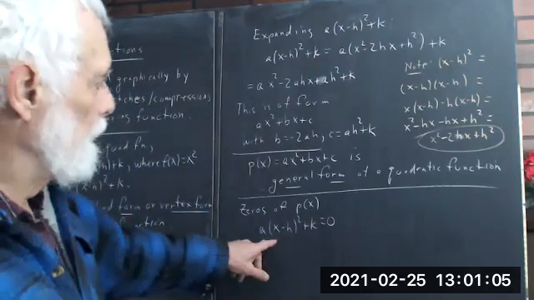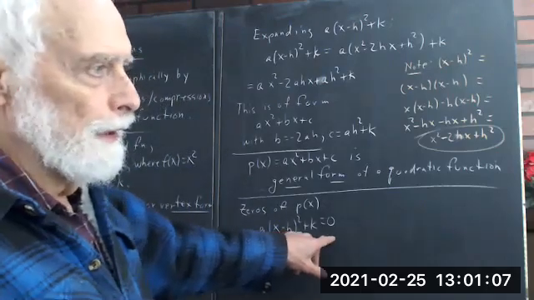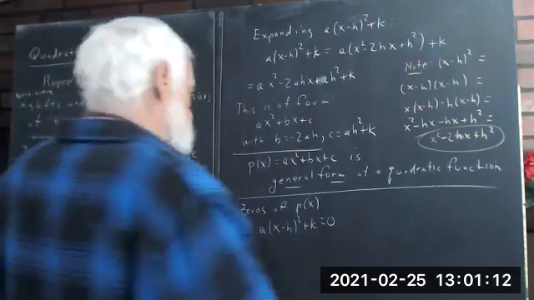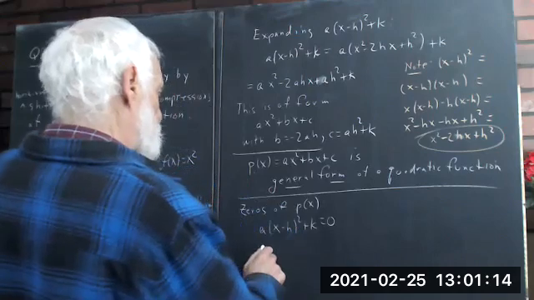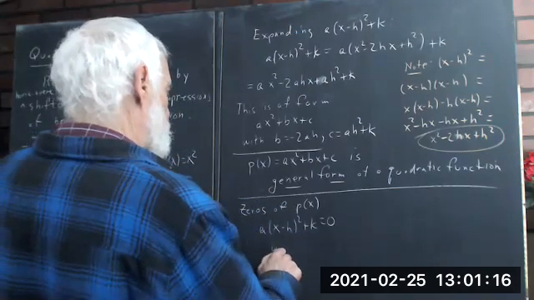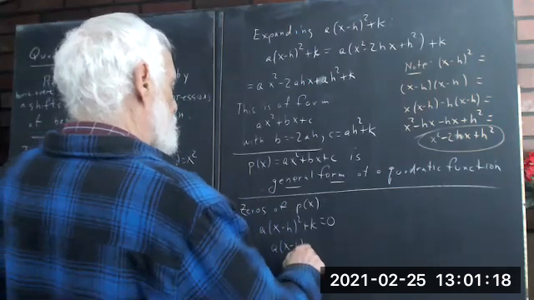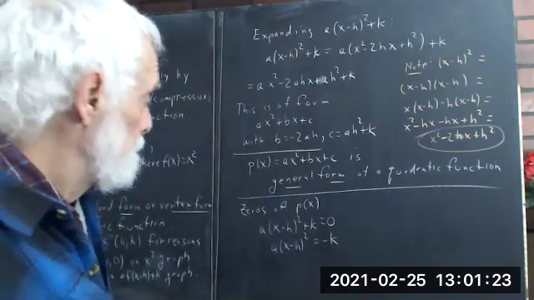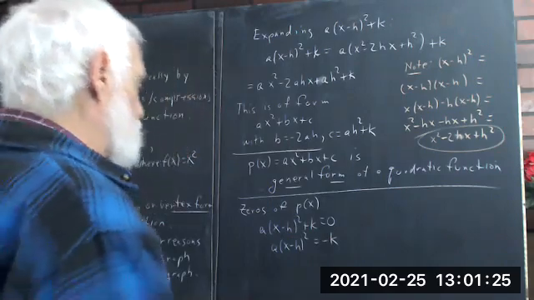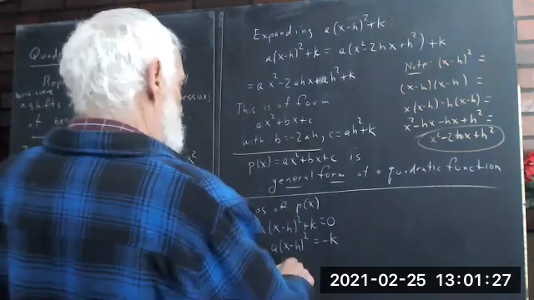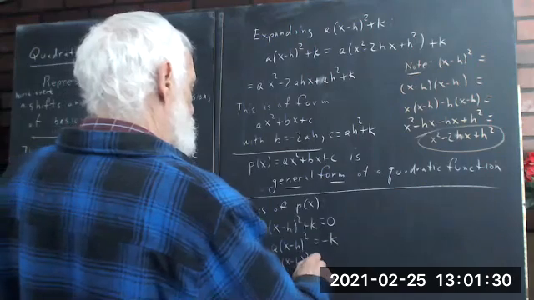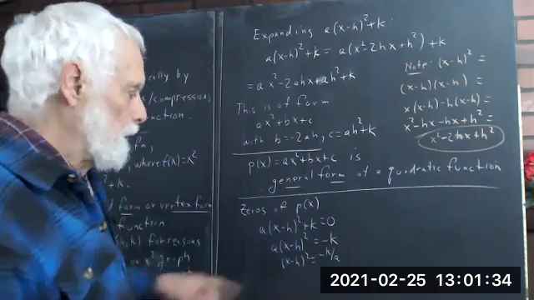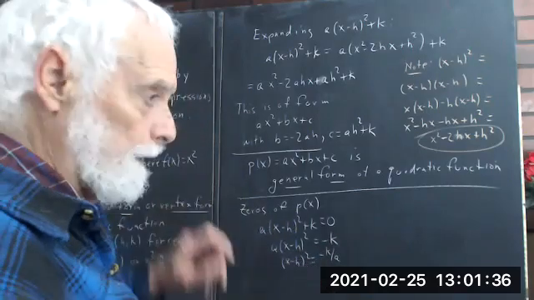A times the quantity x minus h squared plus k equals 0 is equivalent to a times x minus h squared equals negative k, which is equivalent to x minus h quantity squared equals negative k over a.